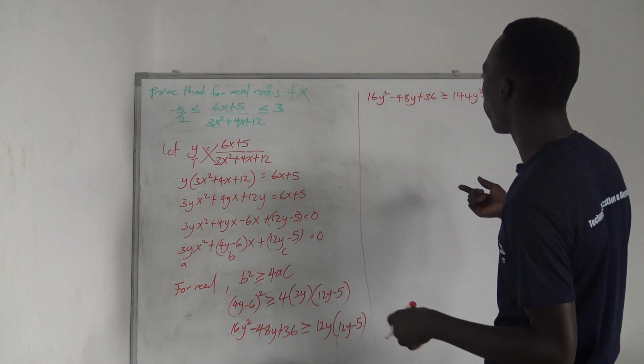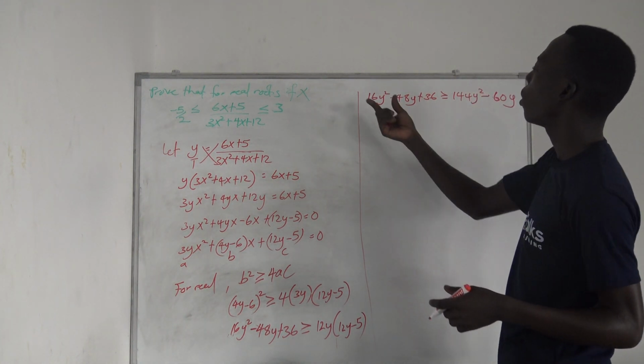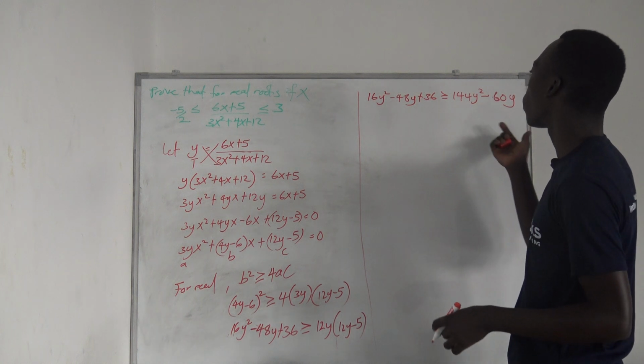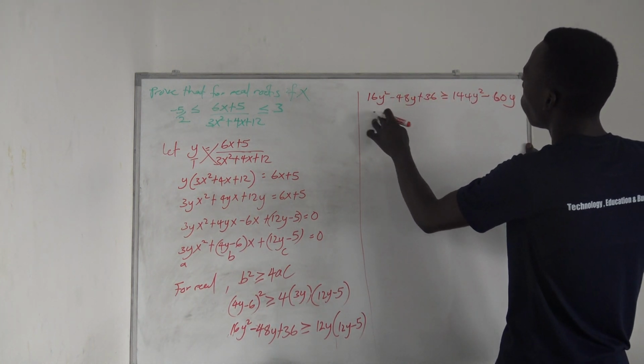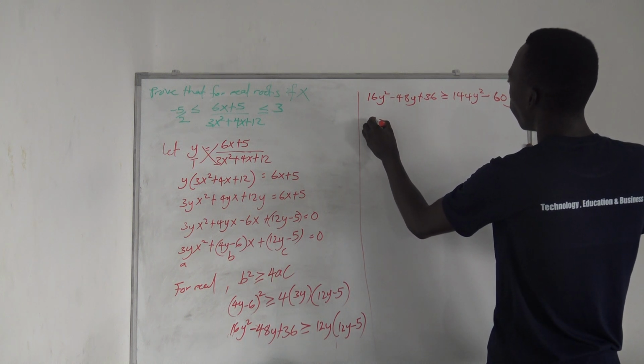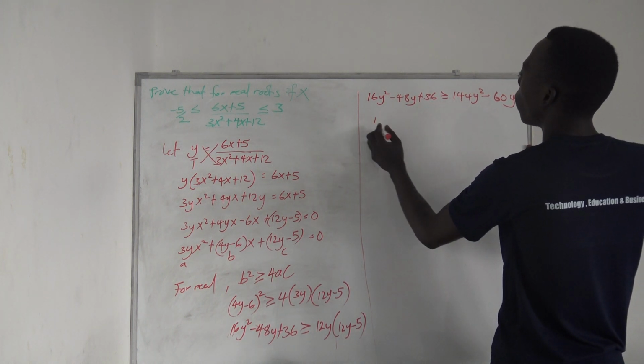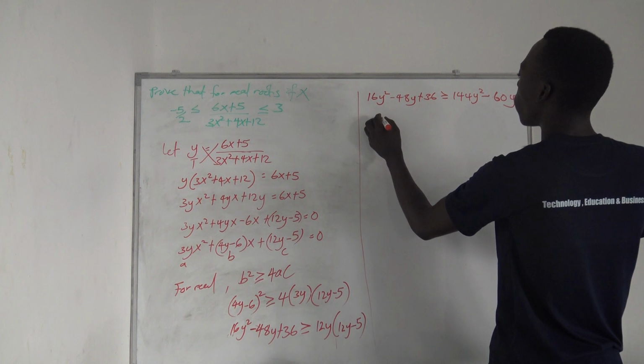So that is what we have. What we are going to do is take everything on the right to the left-hand side, so this minus this, which becomes 140.